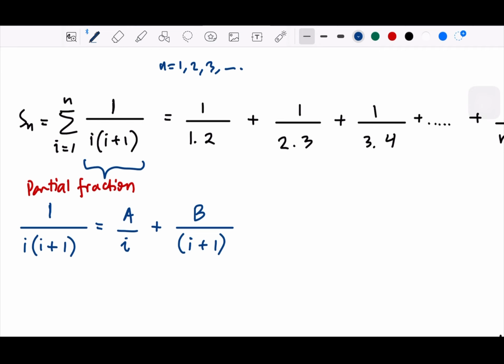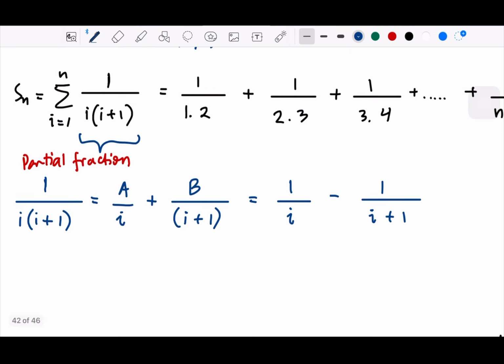In a short summary, skipping some process, let me simplify this, and it becomes 1 over i minus 1 over i plus 1. If you are not sure about partial fractions, check calculus 1, it should still be fresh. It's near the end of the last chapter.